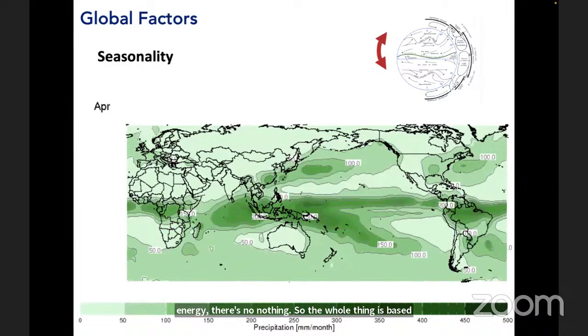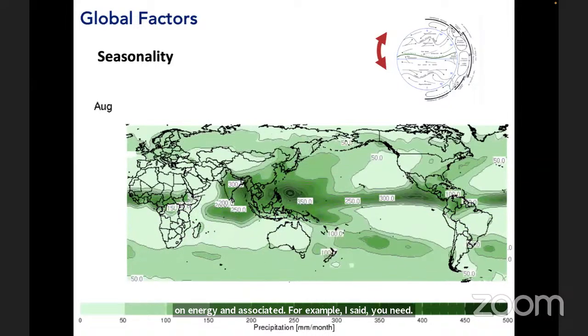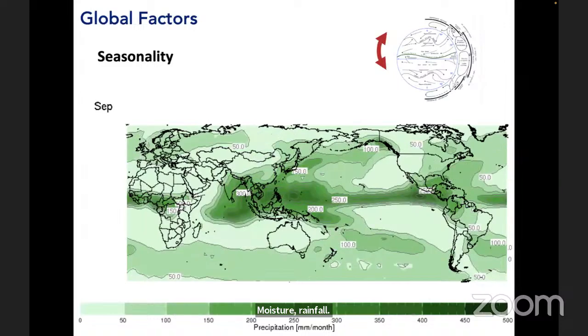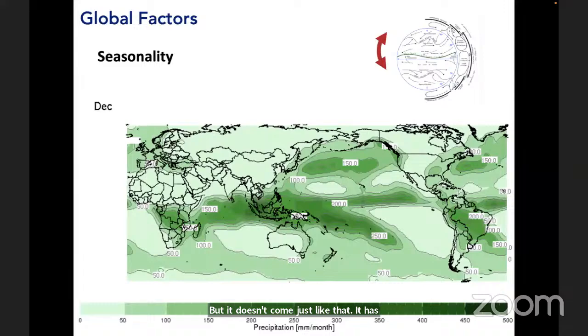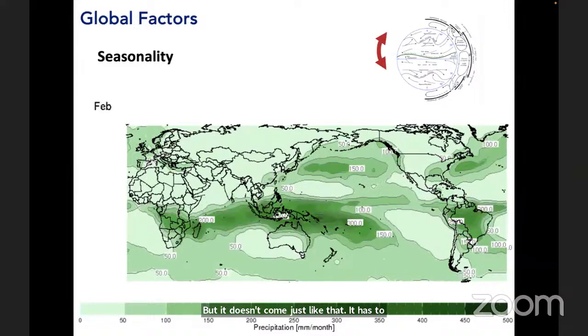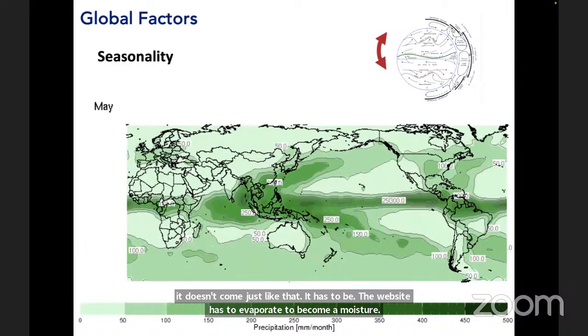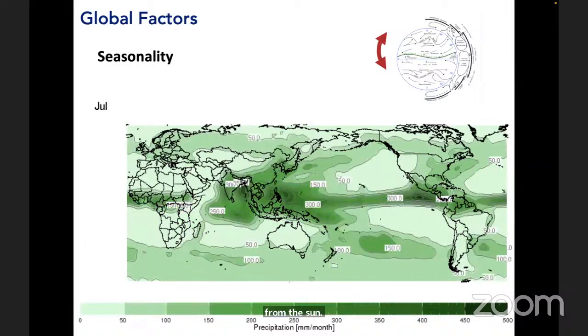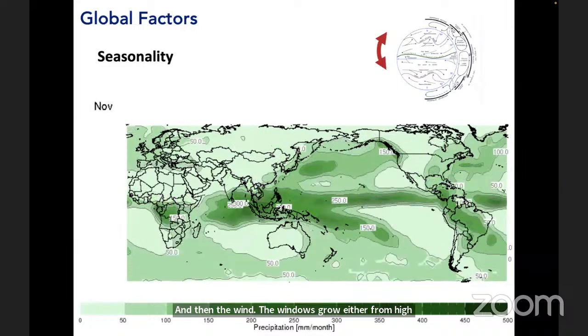For example, you need moisture for rainfall. Moisture has to come from the ocean, but it doesn't come just like that. The water has to evaporate to become moisture. For evaporation, you need energy. That energy comes from the sun. Then the winds go from high pressure to low pressure, and that also depends on the energy.